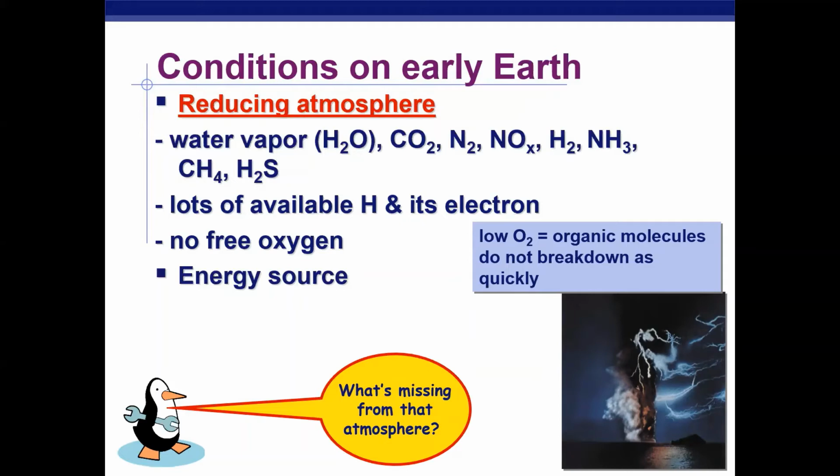Now, we also believe there were some energy sources available very early in our planet. What kind of energy? Lightning, for sure, UV radiation from the sun, heat from the sun, volcanic activity. These were some of the energy sources available 4 billion years ago. So this is, once again, what we think our atmosphere was like, what the Earth was like, 4 billion years ago, before life possibly even arose.